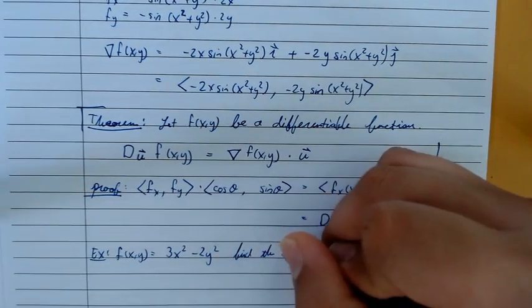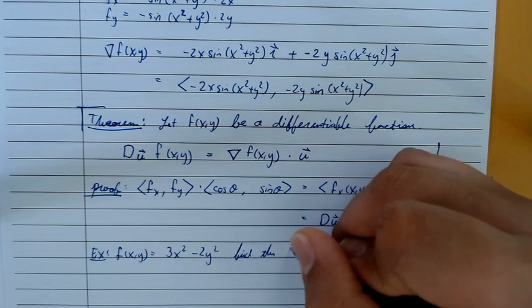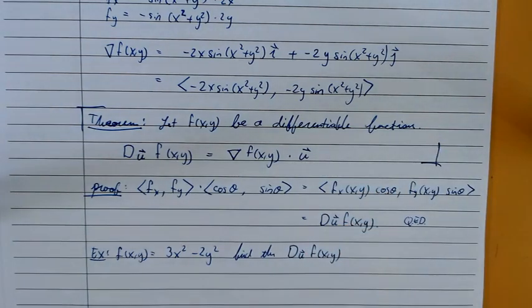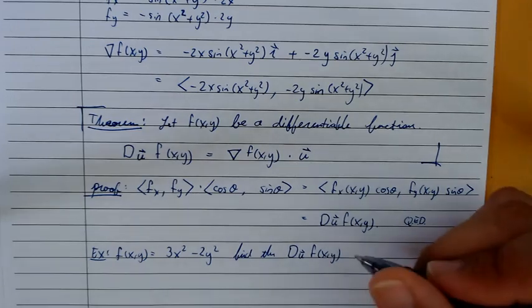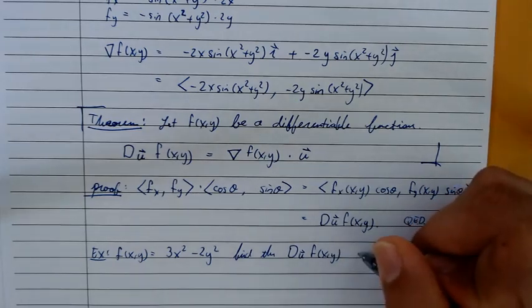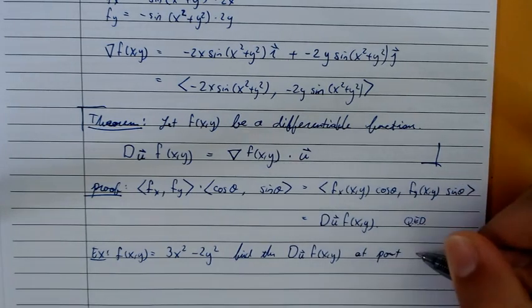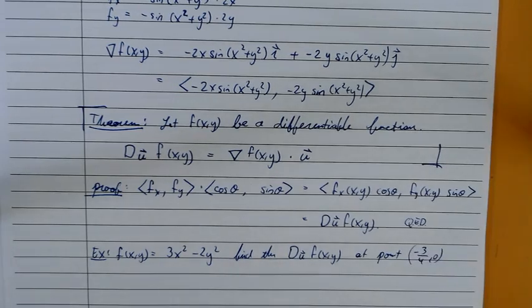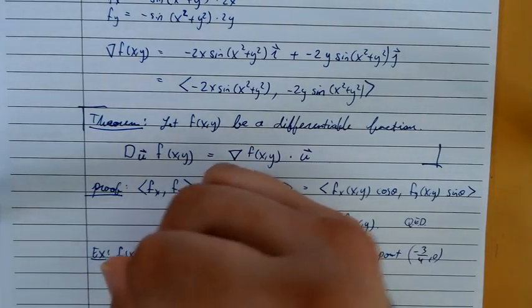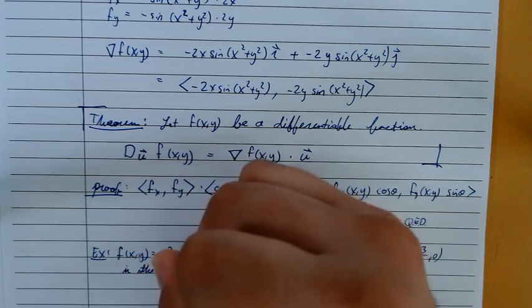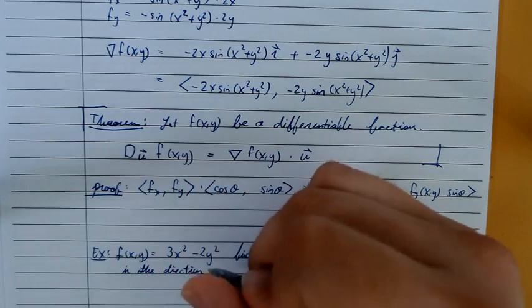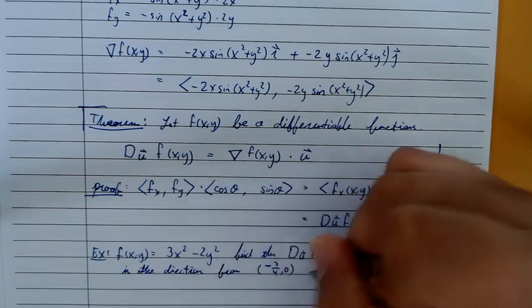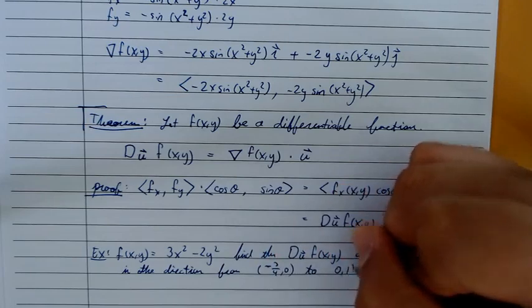We want to find the directional derivative in the direction of u of f of x comma y at the point negative 3/4 comma 0 in the direction from negative 3/4 comma 0 to 0 comma 1.